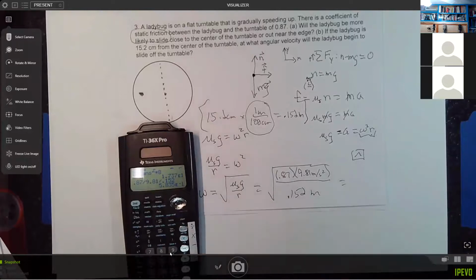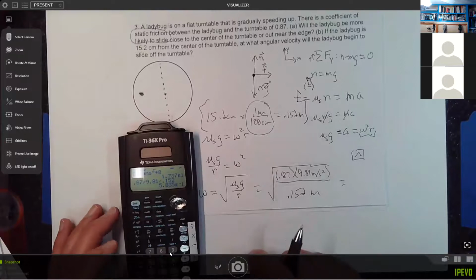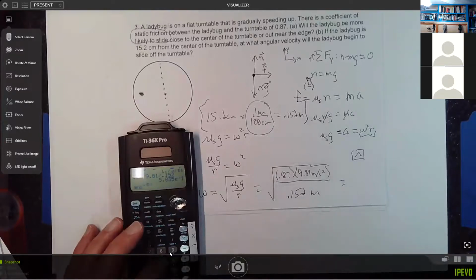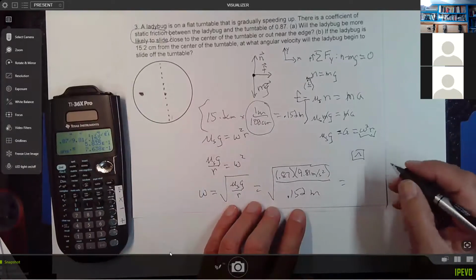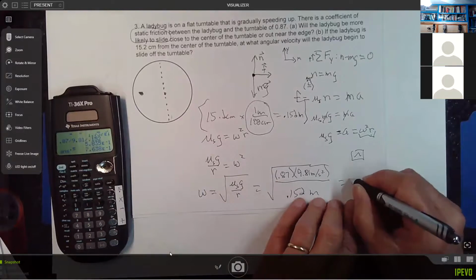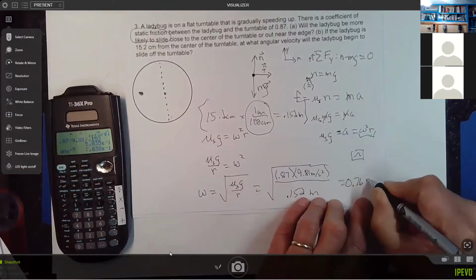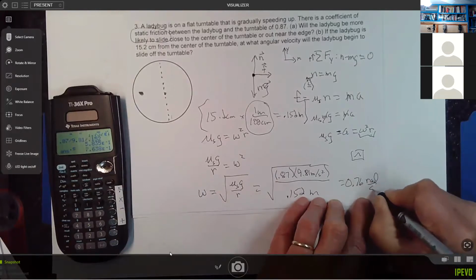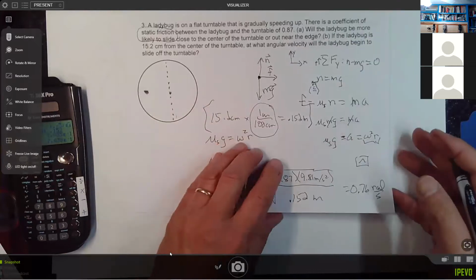Raising it to the 0.5, which is equal to 1/2, is the same as taking a square root. And I get 0.76, and with that we've only got two sig figs, so 0.76 radians per second, which is not very fast, actually.